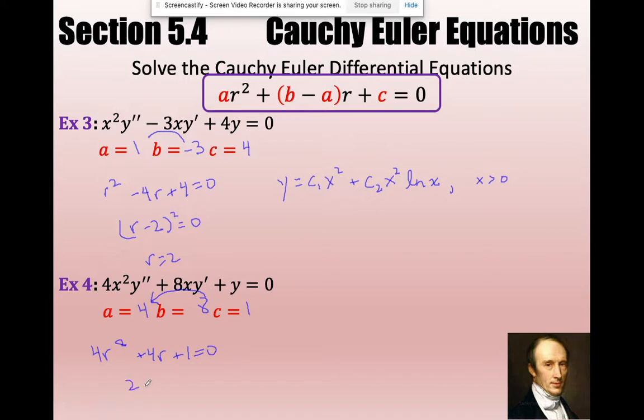So I had 2r plus 1 squared. So my solutions were c1 x to the negative 1/2 plus c2 x to the negative 1/2, but times ln of x.